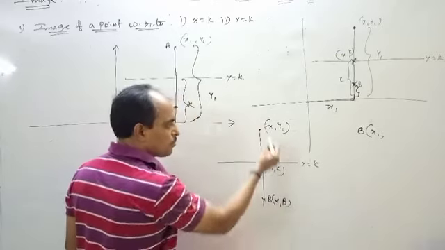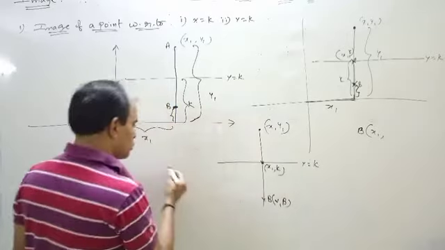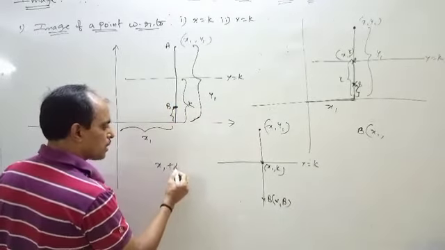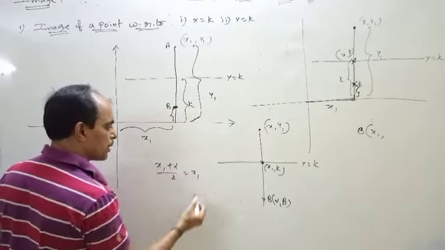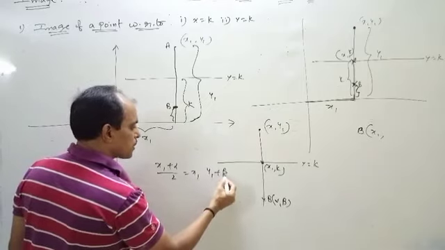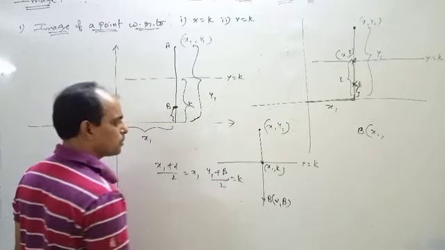This is nothing but the midpoint of these two. So (x1 plus alpha)/2 is equal to x1, (y1 plus beta)/2 is equal to k.